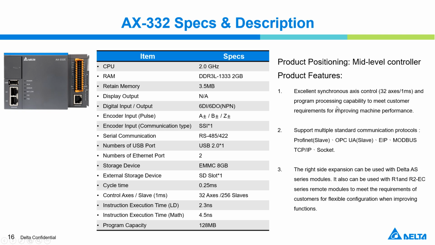This one can support synchronous axis control of 32 axes within 1 millisecond, and from the picture you can see that it can expand with right-side modules, and it can combine with our Delta AS series modules, and it can also be used with the remote module. The module name is R1 or R2-EC.